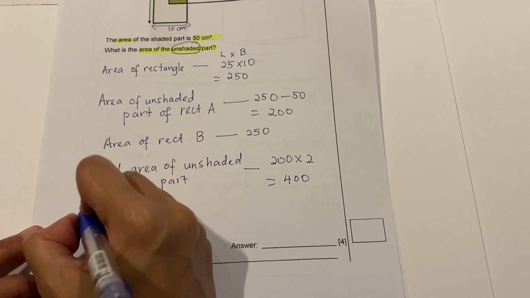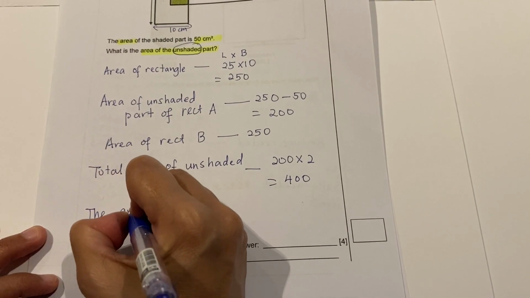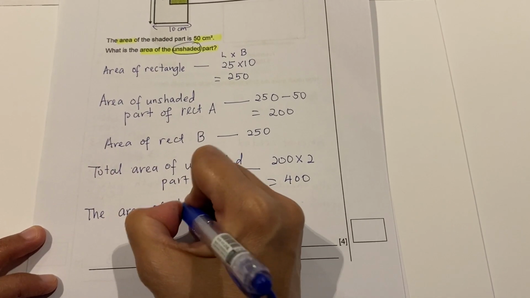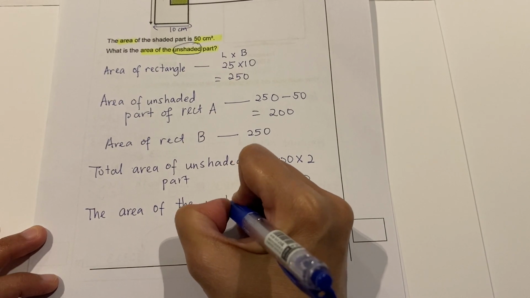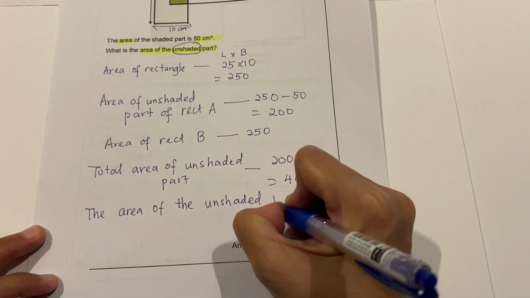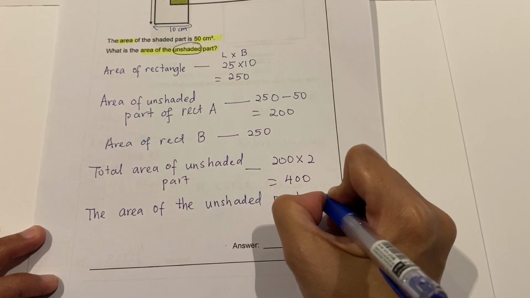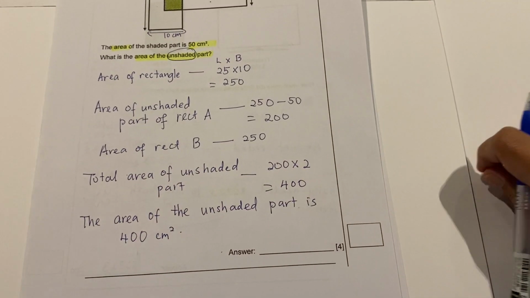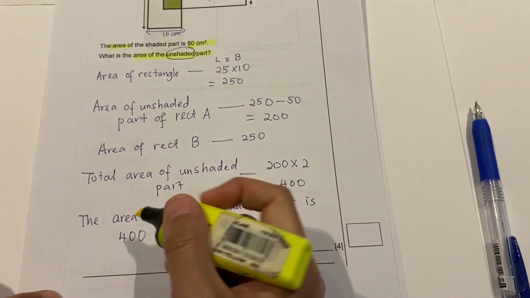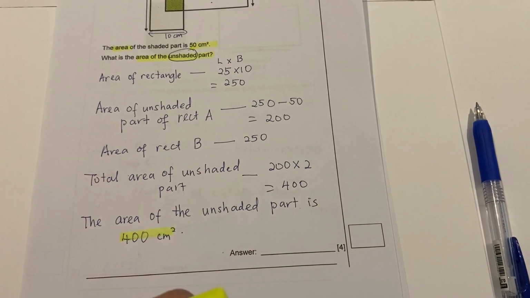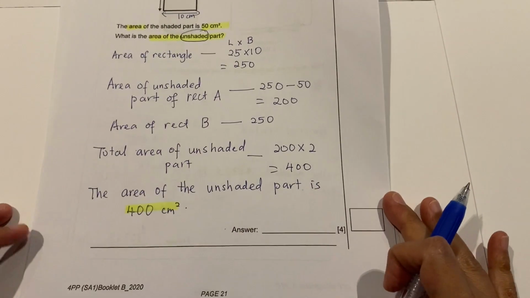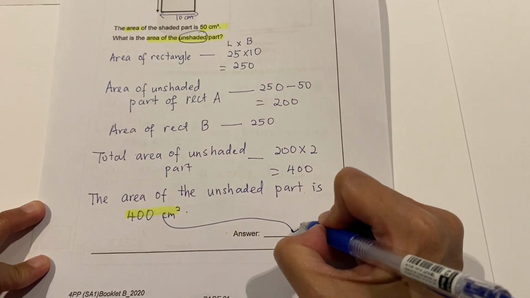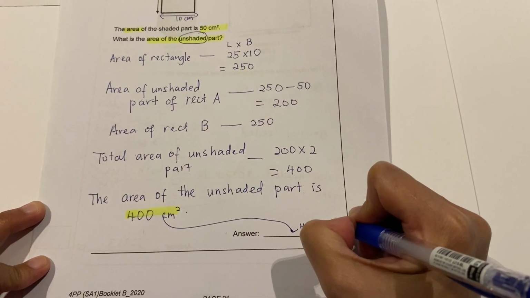So the area of the unshaded part is 400 centimeters squared, and that's your answer. Okay, so this is your 400 centimeters square.